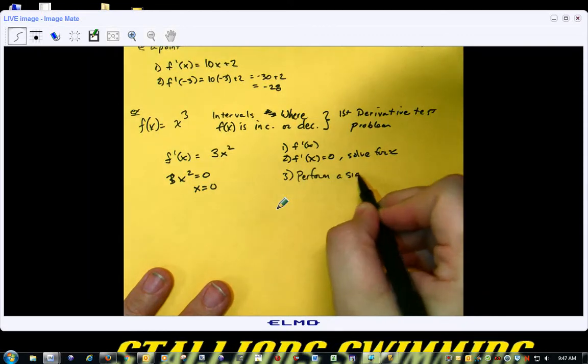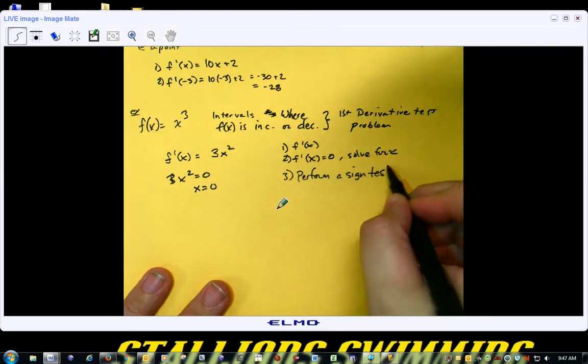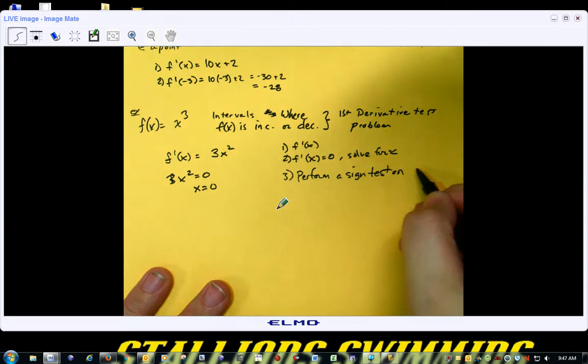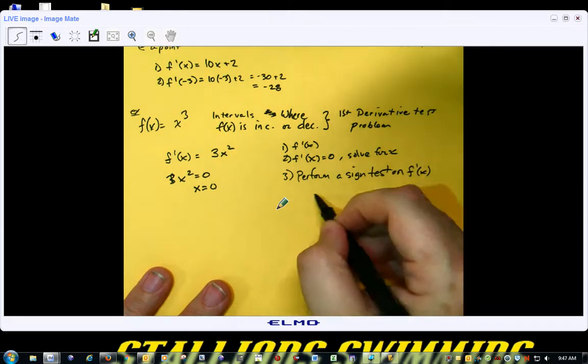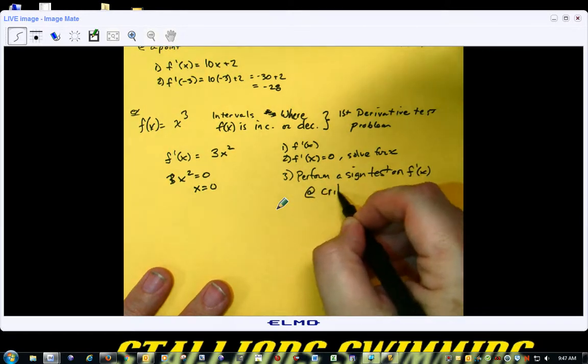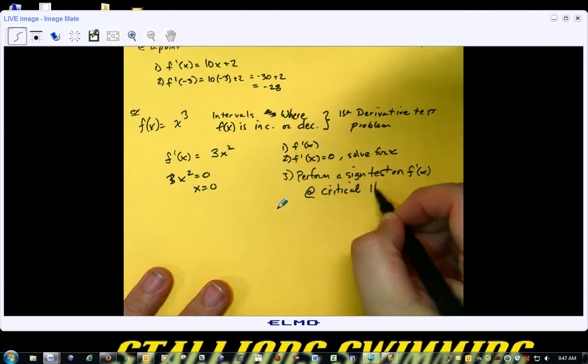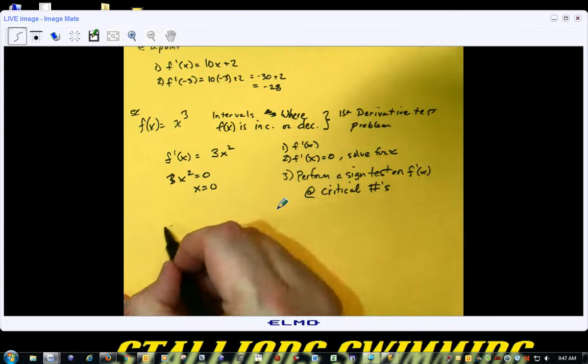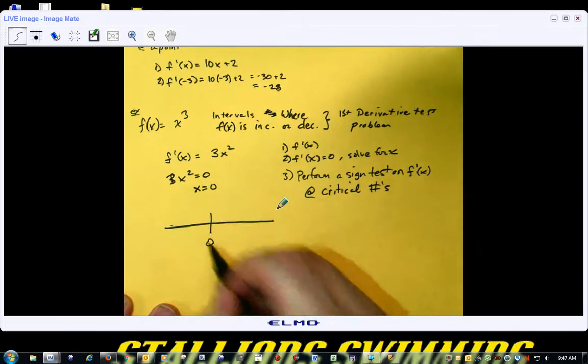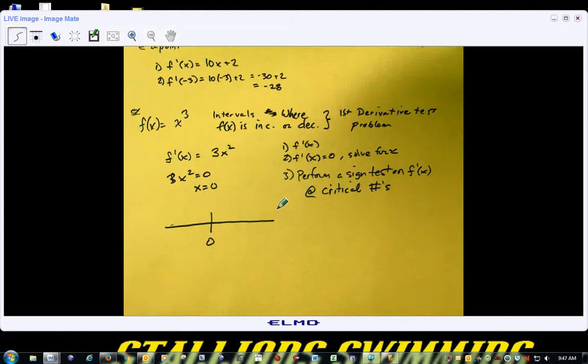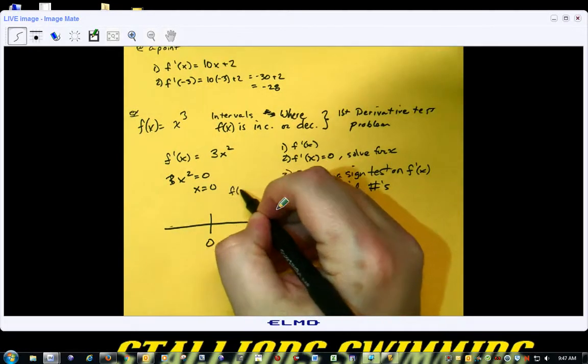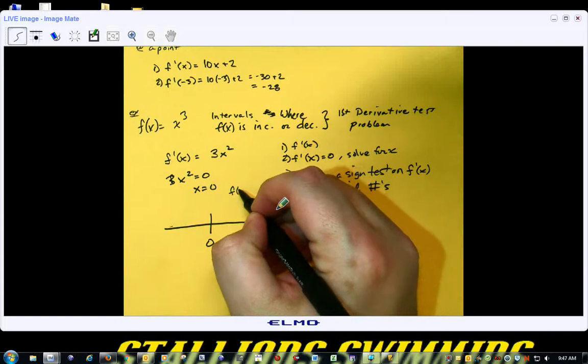Alright, step 3. Perform a sign test on f prime of x at your critical numbers. So we're going to be working on f prime of x.